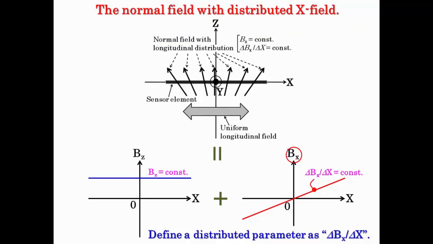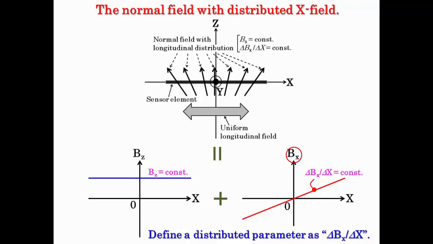I'd like to explain in more detail about the distributed parameter. This figure shows the schematic of the normal field with distributed X field. The Z direction is normal to the element surface, and the X direction is the element's longitudinal in-plane direction.